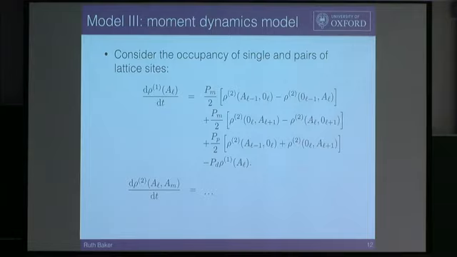So what it does is say we're going to consider the occupancy probability of single lattice sites. This is this guy here. It says, what's the probability of having the single lattice site L occupied by an agent? And then we're going to write down a conservation expression for this guy. It doesn't matter about the details, but effectively it says I have a change in occupancy of site L, for example, because I had an agent at L minus 1.